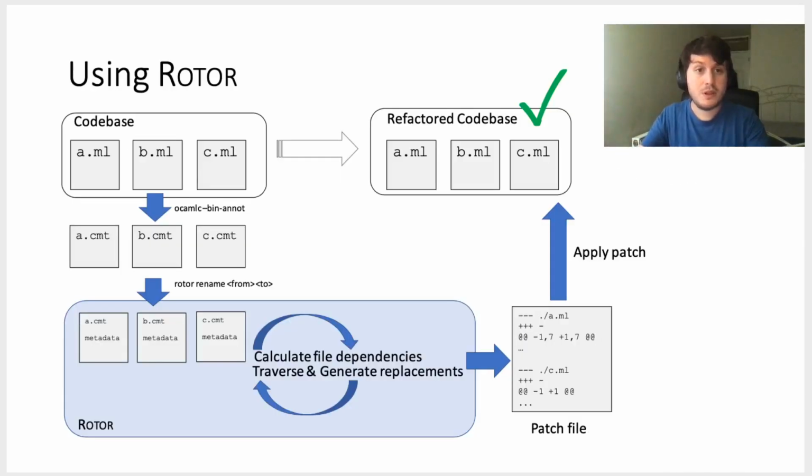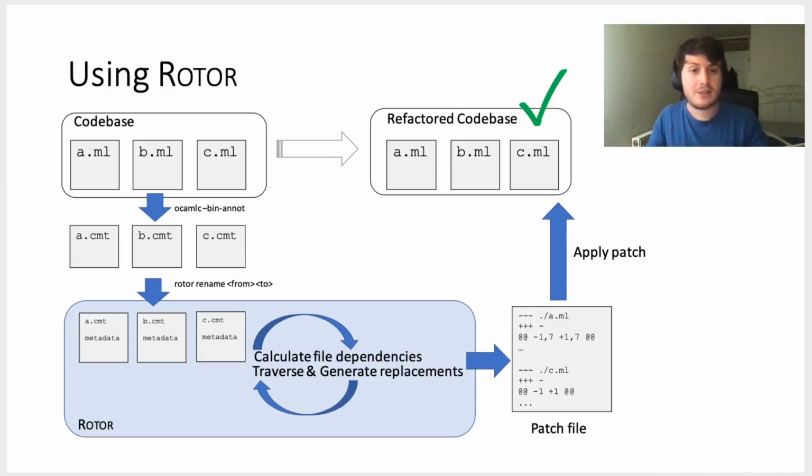So to use Rotor, the OCaml files of a codebase need to be compiled with the bin_annot flag in order to produce CMT files that contain a binary representation of each file's typed tree. Then, when rotor rename is run, these CMT files are first parsed by the tool, and their corresponding typed ASTs are visited in order to calculate a set of file dependencies that will need to be visited too.